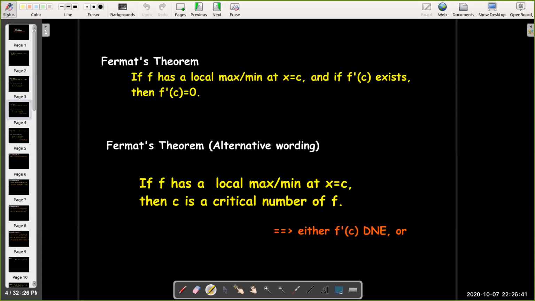Because either f prime of c does not exist, and if it does not exist, then it must be a critical number of f, or f prime of c does exist, in which case f prime of c would be 0, which would make it another critical number. So what this tells us is that a local max or local min is going to occur at a critical number of f.